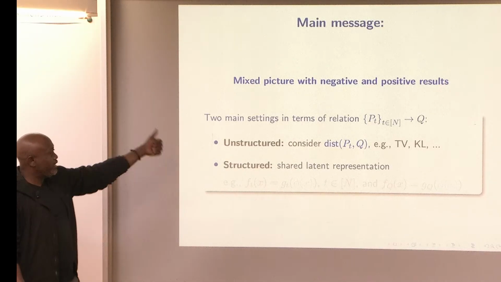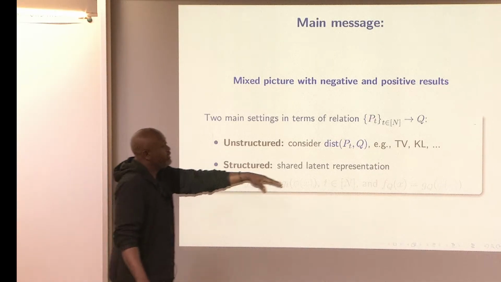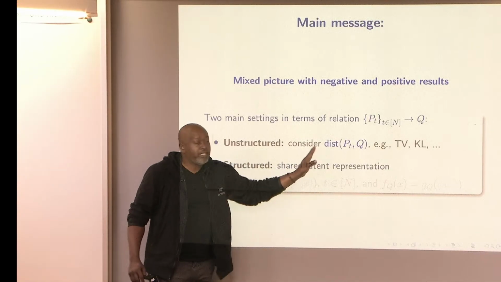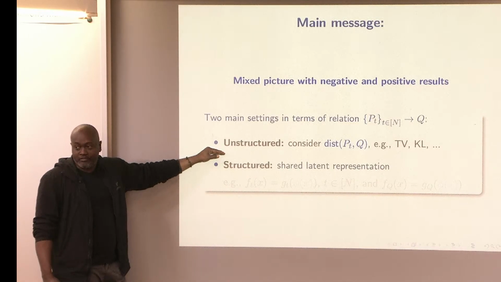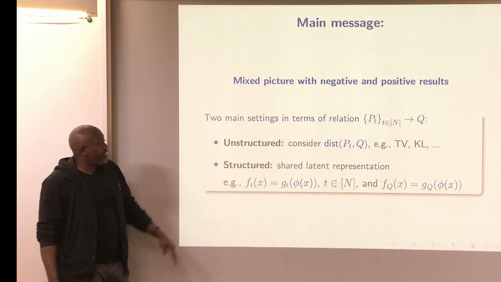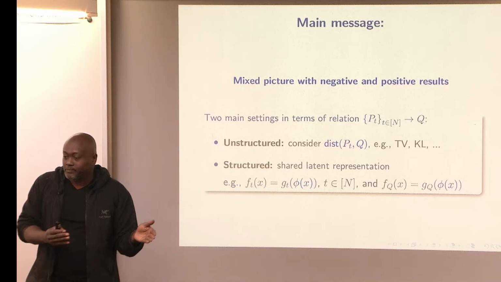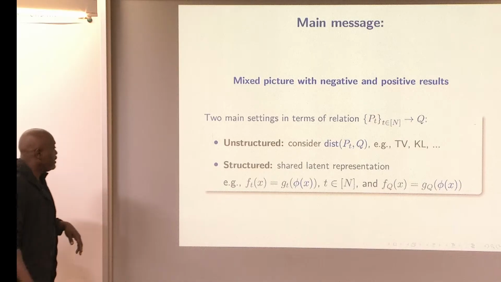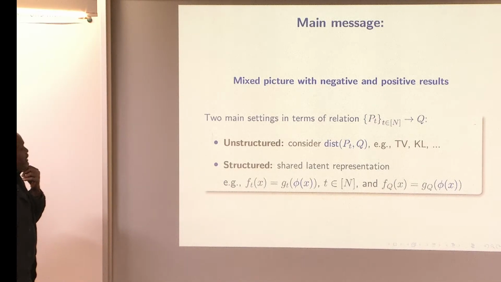It could be total variation, KL divergence, all these notions that have appeared in the literature on relating P's to Q. And I consider that unstructured. Fine? And then the structured setting is where we have some type of latent representation that is shared between P and Q. All right, so those are the two types of settings we'll consider.